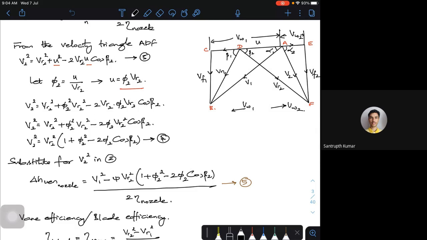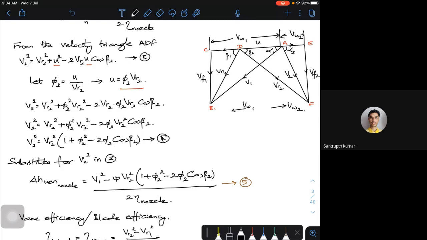Wherever you have the blade velocity or peripheral velocity, I will replace that with the speed coefficient and the corresponding relative velocity. So equation 5 becomes V2 square is equal to VR2 square plus phi 2 square into VR2 square minus 2 VR2 into phi 2 into VR2 into cos beta 2.